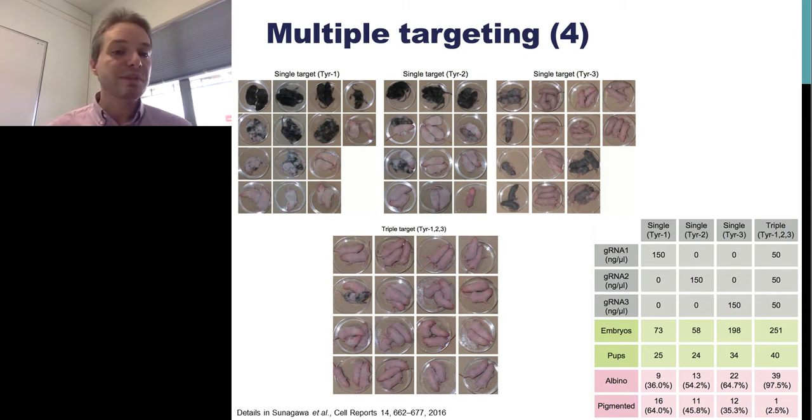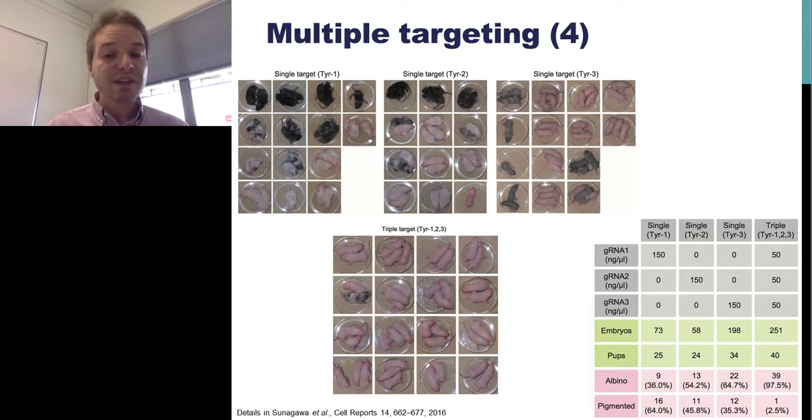First for the tyrosinase gene, which is a gene that's responsible for the black color of the fur of the mice. And so we designed 3 different targets for that gene, and so tier 1, 2, and 3. And so you can see at the top of the image, for each target used individually, the mice that are completely white, the efficiency is between 36 to 65%, which is in line with what we expected at the time.